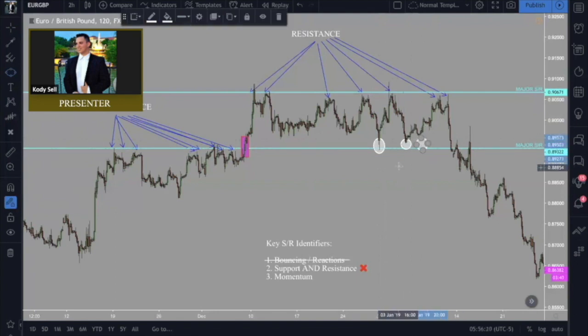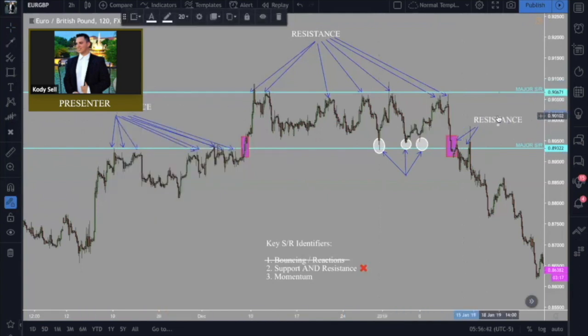Not only that, not only did it find support each time, also over here, when we breached again, right here, it turned around and acted as resistance. So let's clone this.